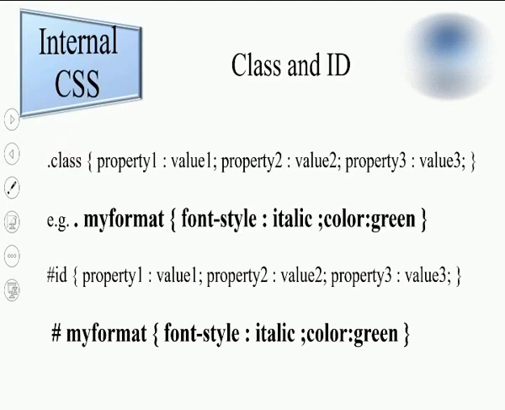This is a class name, followed by, as you know, the CSS declaration, which has a curly bracket starting and a curly bracket ending, and this is what we call a selector. For specifying this class, I wrote dot, followed by the property colon value. This is a simple syntax.